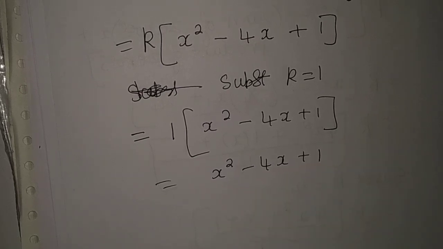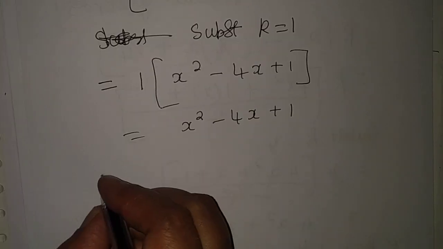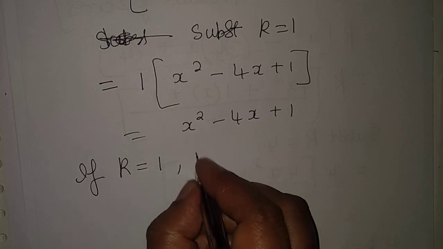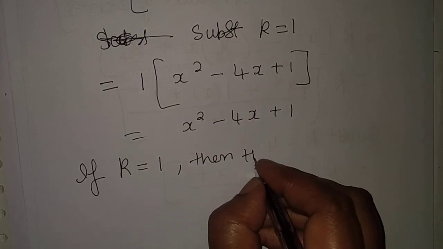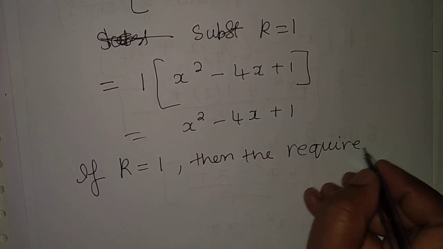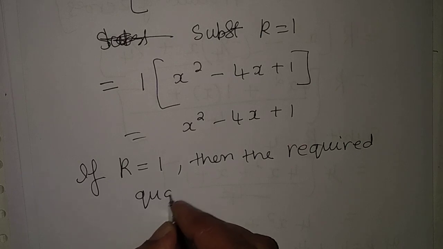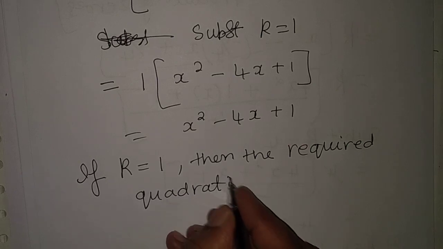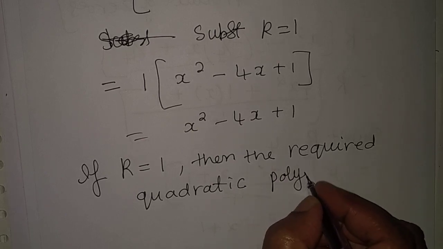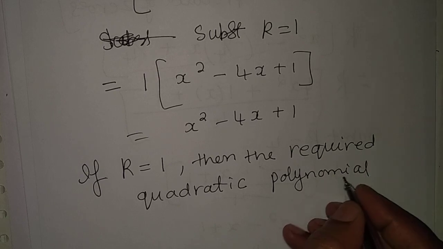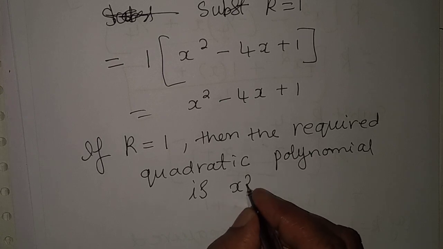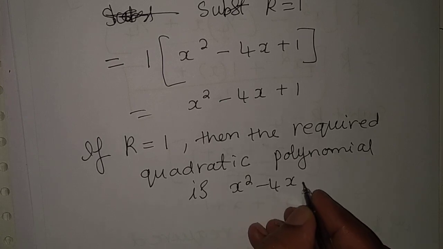So now what is the conclusion? If k is equal to 1, then the required quadratic polynomial is x square minus 4x plus 1.